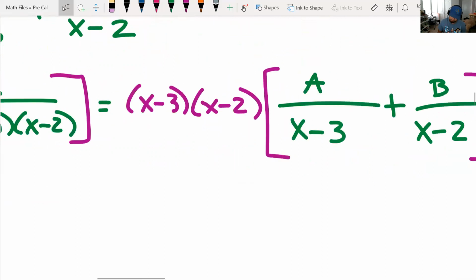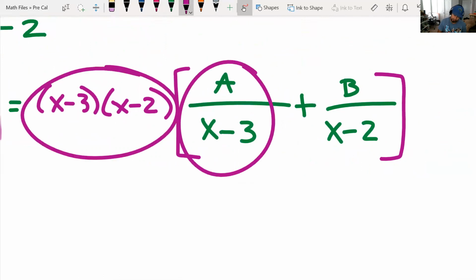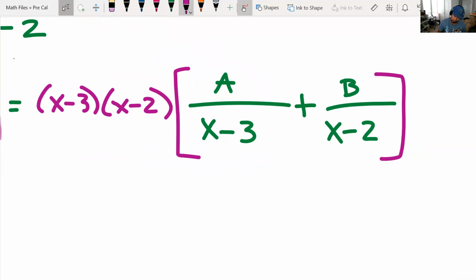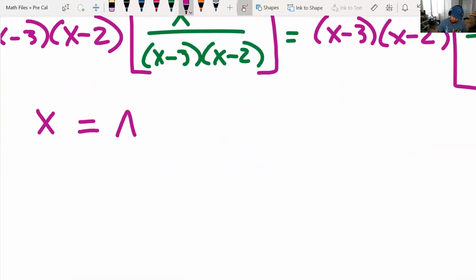Now on the right side, when you distribute this with this first term, the only thing that's going to cancel is the x minus 3s. So what we should be left with is A times x minus 2.